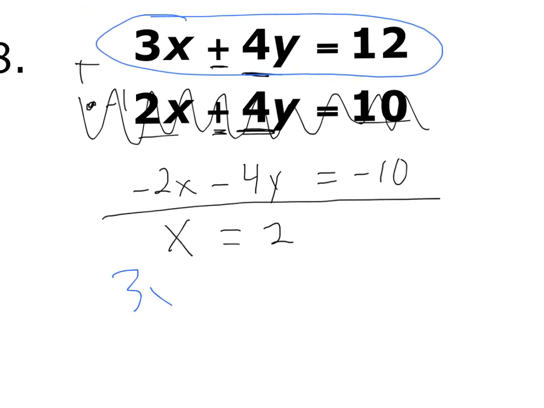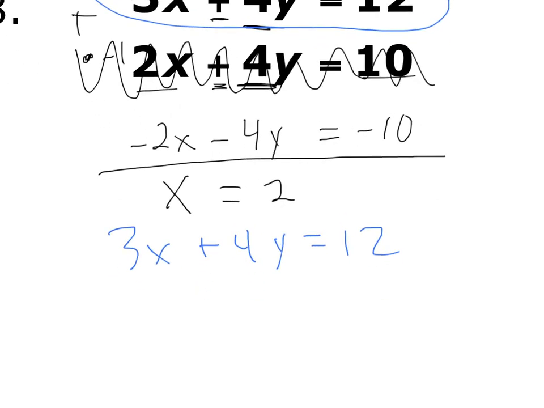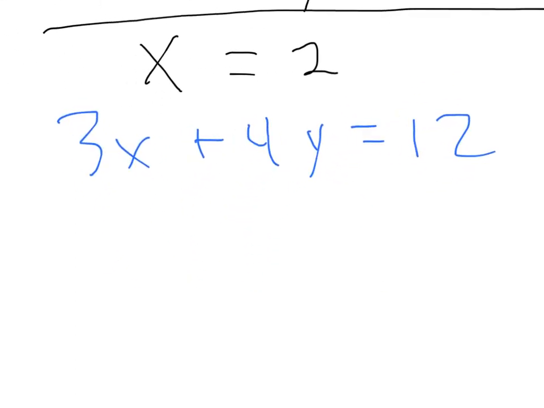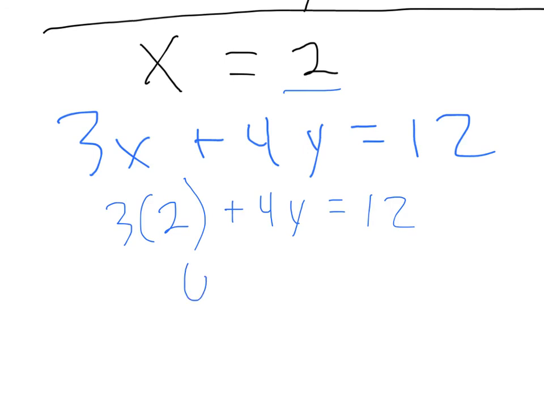So we have 3x plus 4y equals 12, but instead of x, I'm going to put a 2. So we have 3 times 2 plus 4y, and that all equals 12. Okay, so that gives us 6 plus 4y equals 12. And then we have a two-stepper.